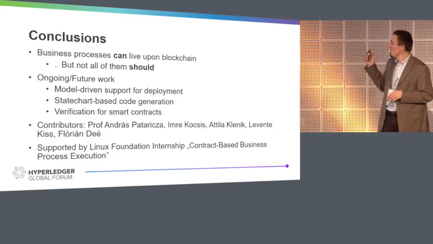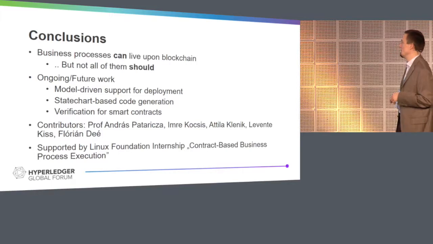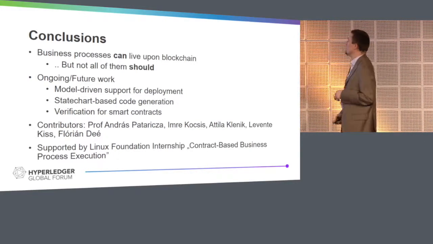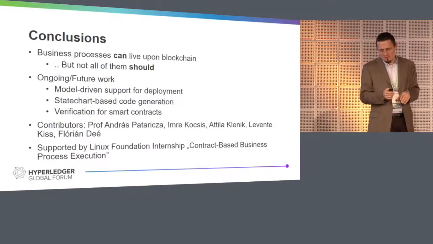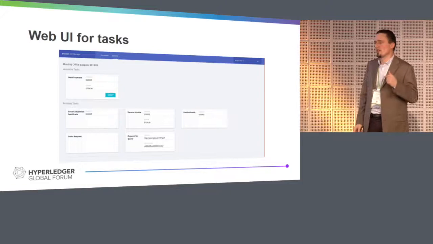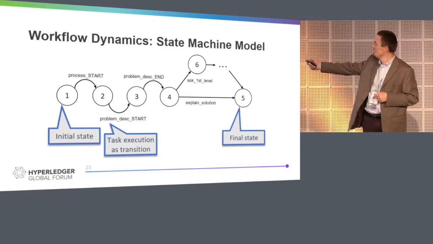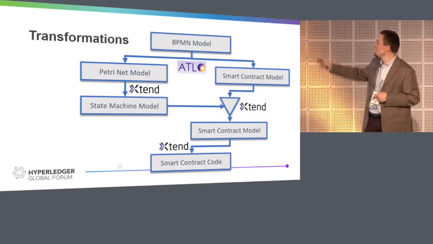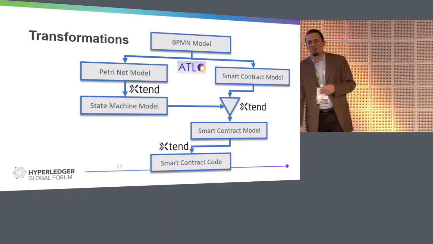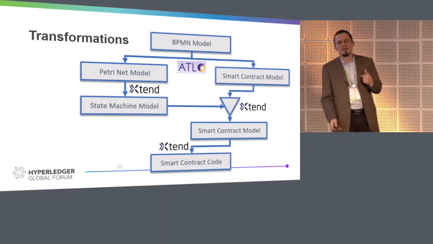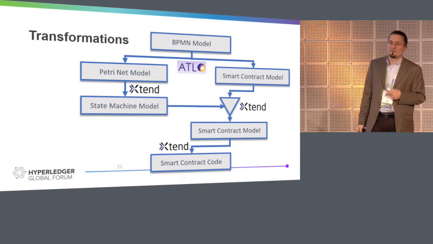So also, I might mention that some of this work was created last year in a Linux Foundation internship with one of our colleagues in a project called Contract-Based Business Process Execution, where the purpose was to generate Fabric code directly from the business process definition. And then what you see here, this transformation chain was implemented using open technologies, but still they are quite mature because a lot of these technologies are used, for instance, in the automotive industry as well.